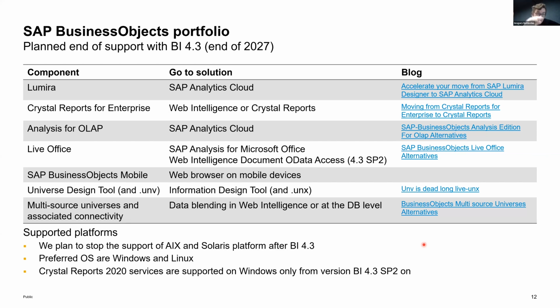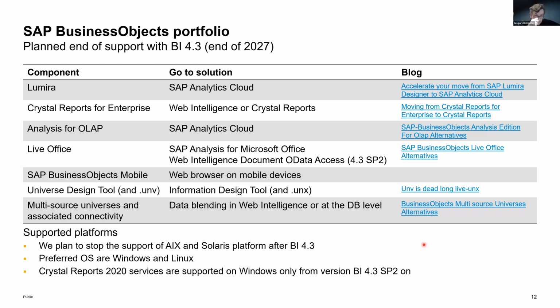But it also means that if you stay with BI 4.3, you can continue to use them until the end of 2027. But if you decide to migrate before that date and to adopt BI 2025, these tools and components will not be part of this release.